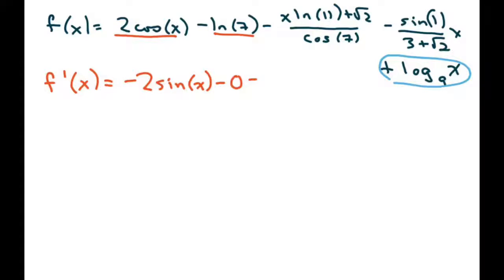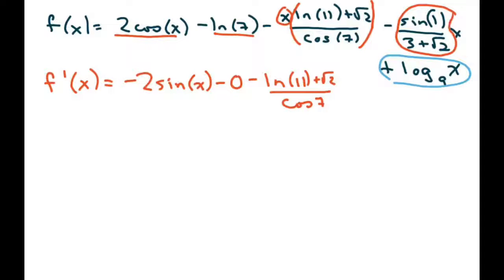Alright, this whole thing is just a constant. So if you just take the derivative of this x, that's 1. So you're just going to write down the constant, which is ln of 11 plus square root of 2 over cosine of 7. And the derivative of this piece is the same thing.